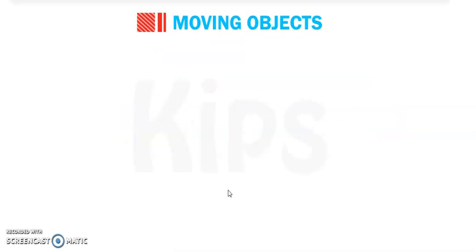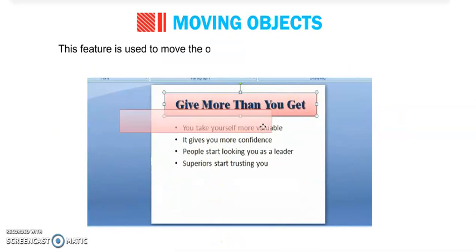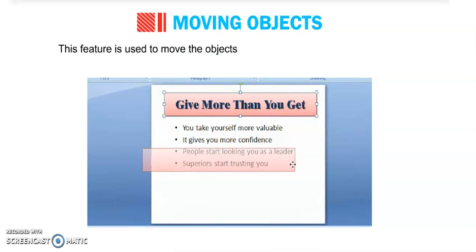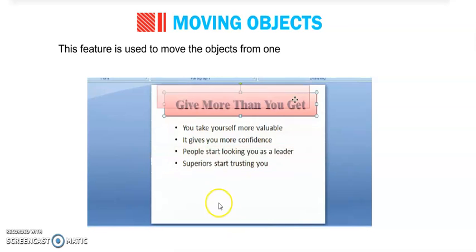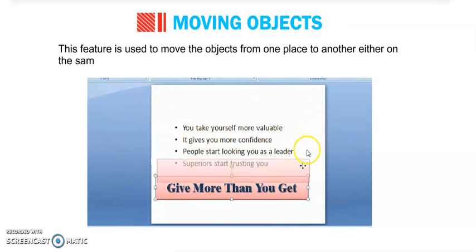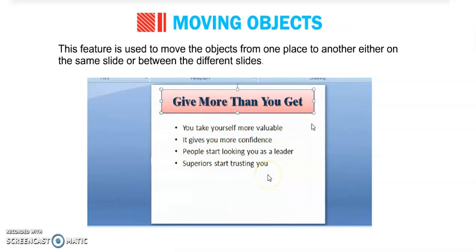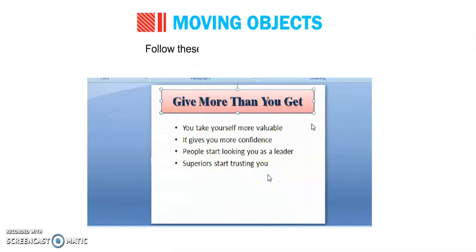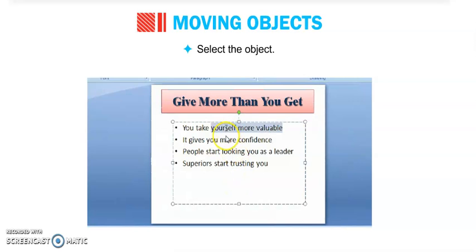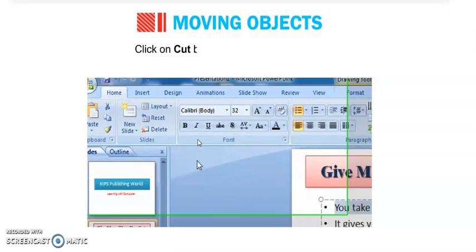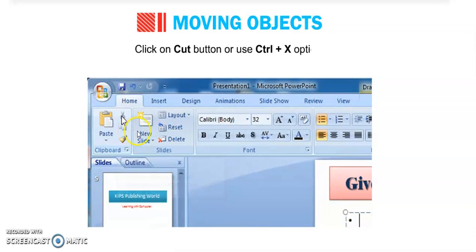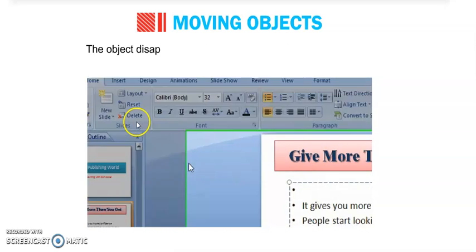Next is moving objects. In PowerPoint we have made different slides with different objects. So how can we move an object from one place to another? This feature is used to move an object from one place to another, either on the same slide or between different slides. Follow these steps to move an object. First select the object that you want to move, then click on the Cut button or use Ctrl+X for cutting.